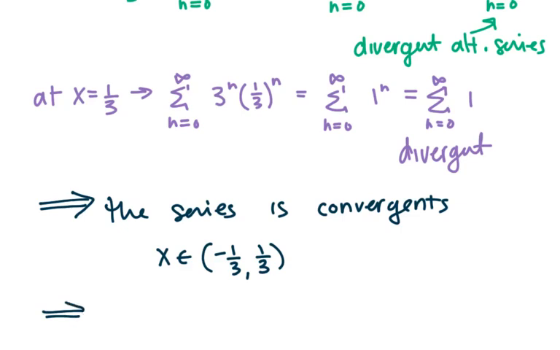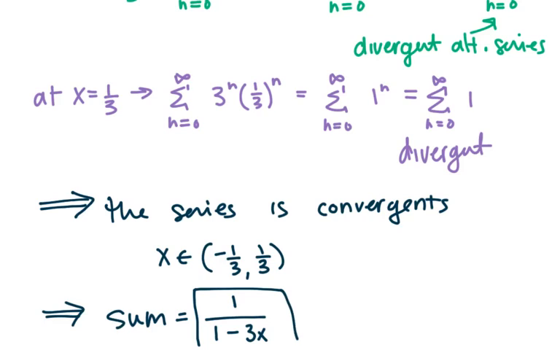And since this was a geometric sum, the sum of my series is going to be that first term, which is 1, divided by 1 minus the common ratio. We had 3x. So this represents the sum of my series and my radius of convergence, the interval over which it is convergent. And let me just fix that spelling error right there before we pause it. All right, all done here.